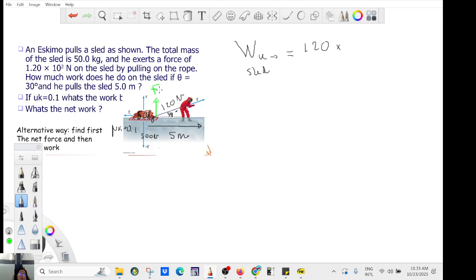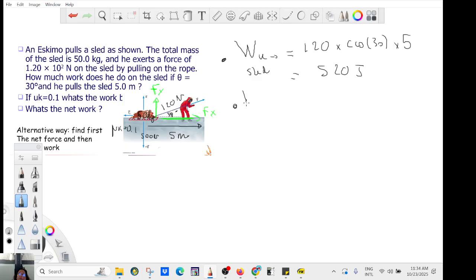I'm going to say perpendicular, or Y, let's call it Y. Only the X component is helping with the change of speed, so it's going to be cosine 30, and don't forget to multiply by 5. So this one is easy. Again, 520 joules. So that will be the work done by you on the sled.